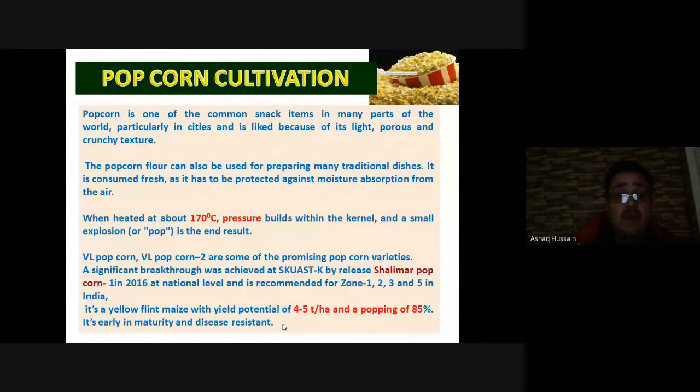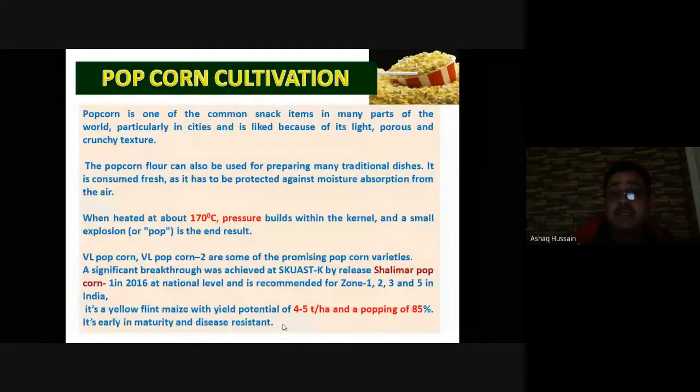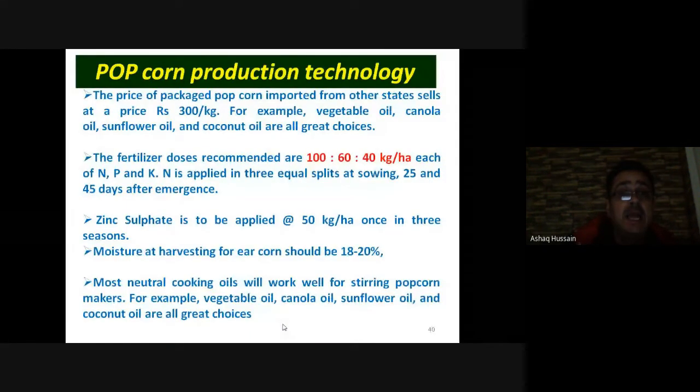This crop is also generating additional and higher income when we compare it with ordinary maize. Here also we have to fertilize it properly, and packet popcorn sells at 250 to 300 rupees per kilogram. A fertilizer dose of 140 kilograms of N, P2O5 and K2O has to be given, and the crop takes 25 to 40 days.